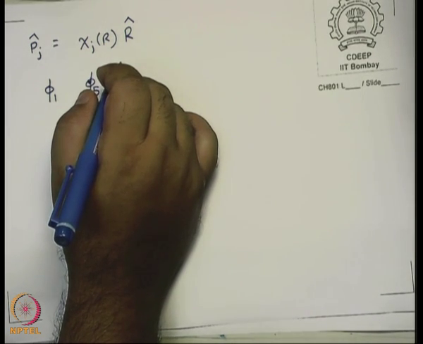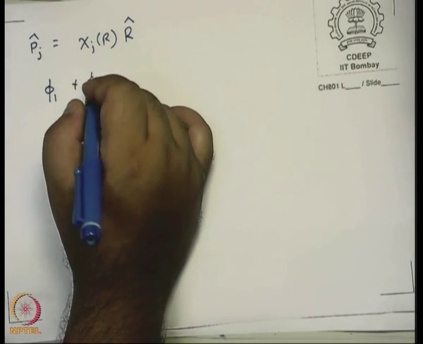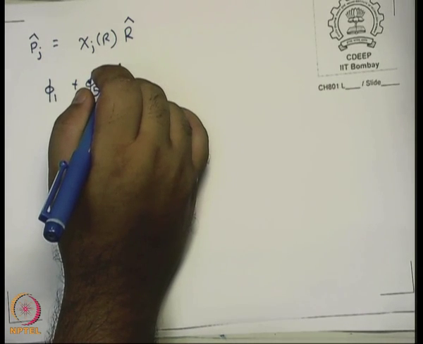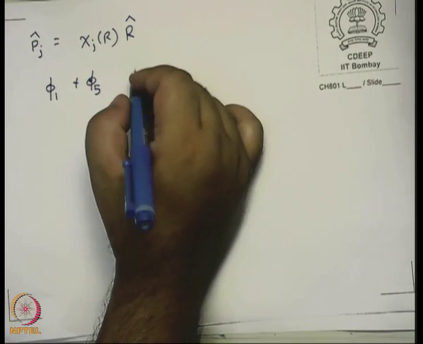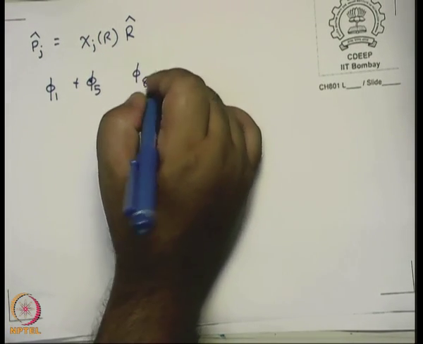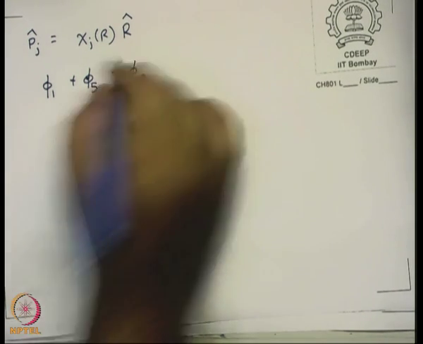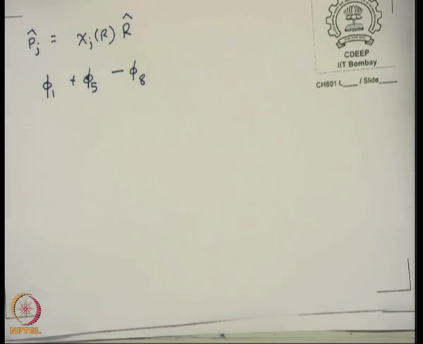Actually, the first 4 characters are plus 1, the last 4 characters are minus 1. So, it is simple, phi 5. Next operation is C2Y. What happens when C2Y operates on phi 1? You get phi 8, but do you get a plus phi 8 or a minus phi 8? Minus phi 8. Then C2X operating on phi 1 gives minus phi 4.